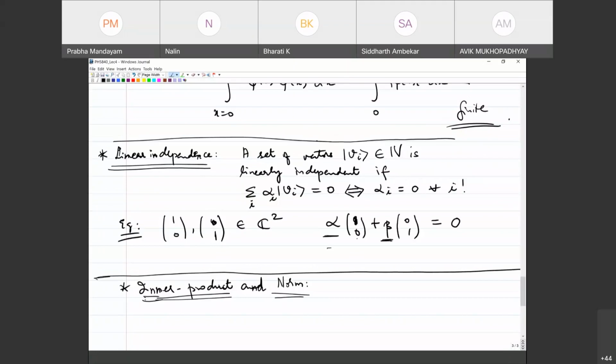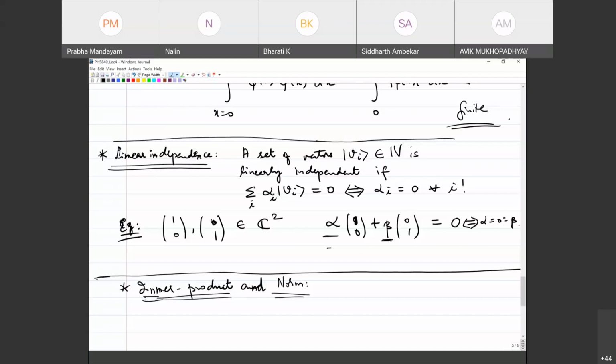It means alpha (1, 0) is minus beta (0, 1). So this kind of linear combination being equal to 0 is possible if and only if alpha and beta are both 0. I hope you see that. The vectors which we saw earlier, which were spanning the different vector spaces that I constructed, were all linearly independent sets. You cannot write one in terms of the other.